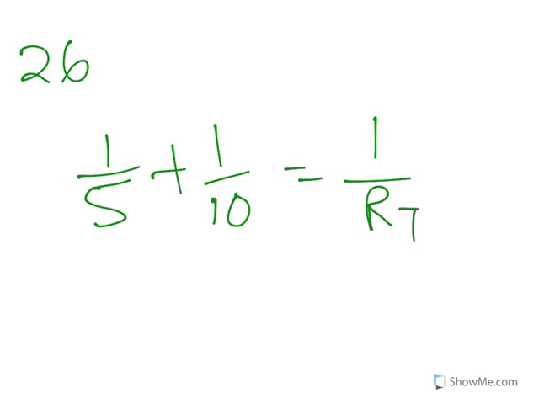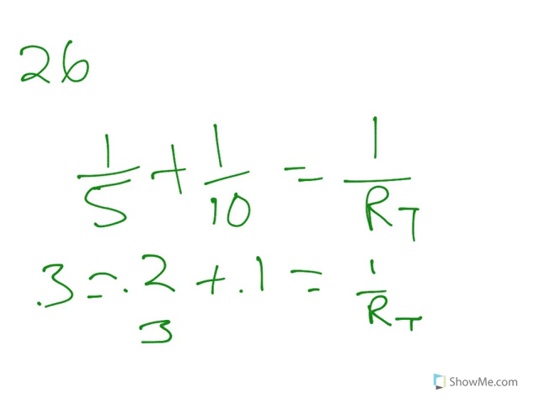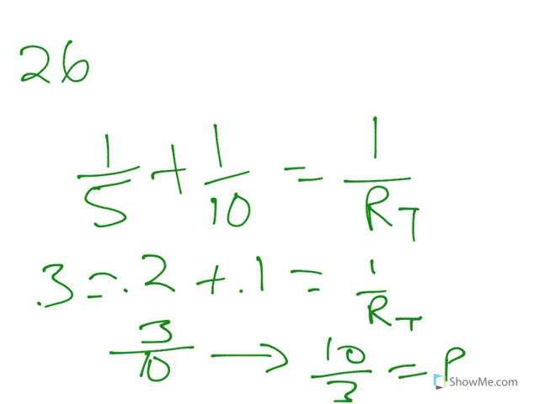And so we would do 0.2 plus 0.1 equals 1 over R total. This is 0.3, which would be 3/10. And then we have to invert that, so you get 10 divided by 3 equals R total. And if you can do simple math, that would be 3.333, which would be less than 5 ohms, which is letter A.